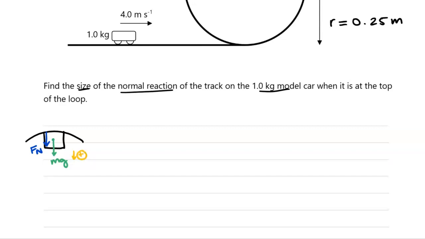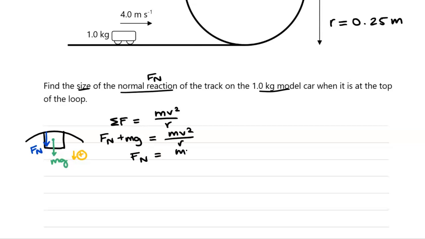So that means we're going to have sum of the forces equals mv squared over r. So we're going to have Fn, that's what we're interested in finding in the question, plus mg, because they're both acting towards the center of the circle, so both positive, equals mv squared over r. So Fn is going to be mv squared over r minus mg.